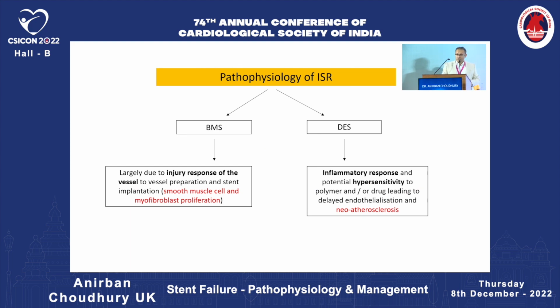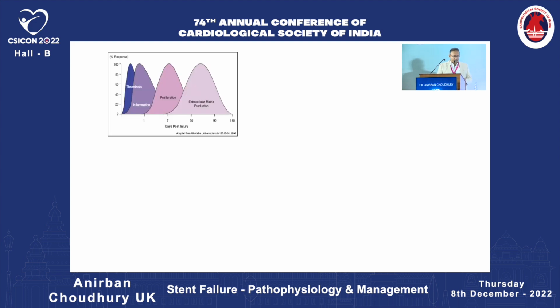The pathophysiology is different for bare metal and DES. So if it's a bare metal stent, it's essentially an injury reaction to the vessel, and it's mostly smooth muscle cell and myofibroblasts. On the contrary, for DES, it's usually an allergic reaction or a hypersensitivity reaction, inflammatory reaction, and it's mostly neoatherosclerosis. So different pathology with regards to what we find. So this is the healing cycle, which typically takes about 90 days to finish in an average human being.